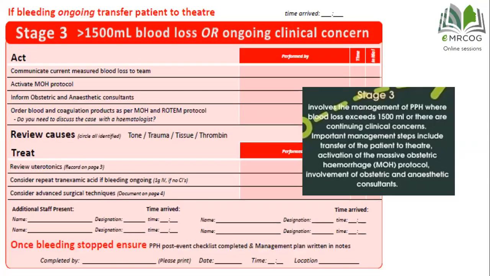Stage 3 is going to be activated if the blood loss is more than 1,500, and it's going to tell you important management steps, including the transfer of the patient to the theater, activation of the massive obstetric hemorrhage protocol, and of course, involvement of obstetric and anesthetic consultants.